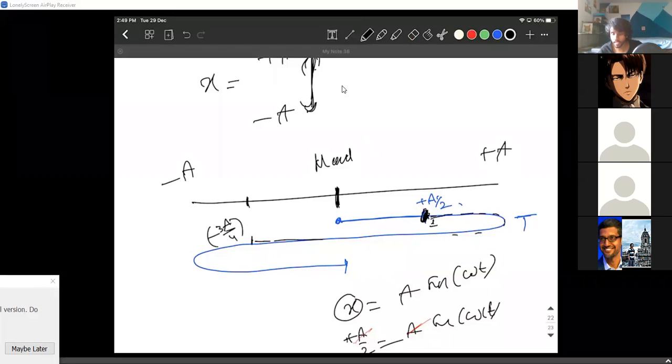What is the time taken to travel to this point? You find the time to get to 1, you find the time to get to 2, you find the difference, and you will get the time taken. But it still sounds so difficult. You still don't feel what you're doing, like why you're doing all this, right?